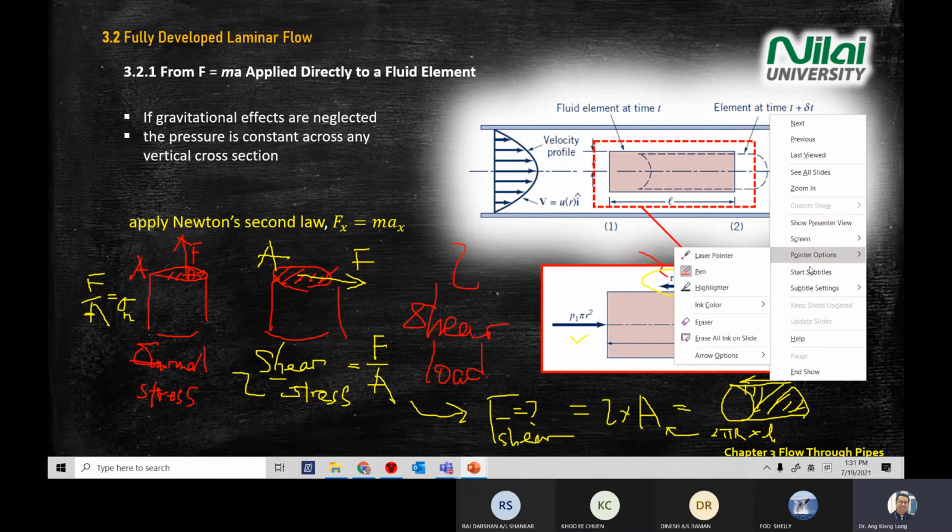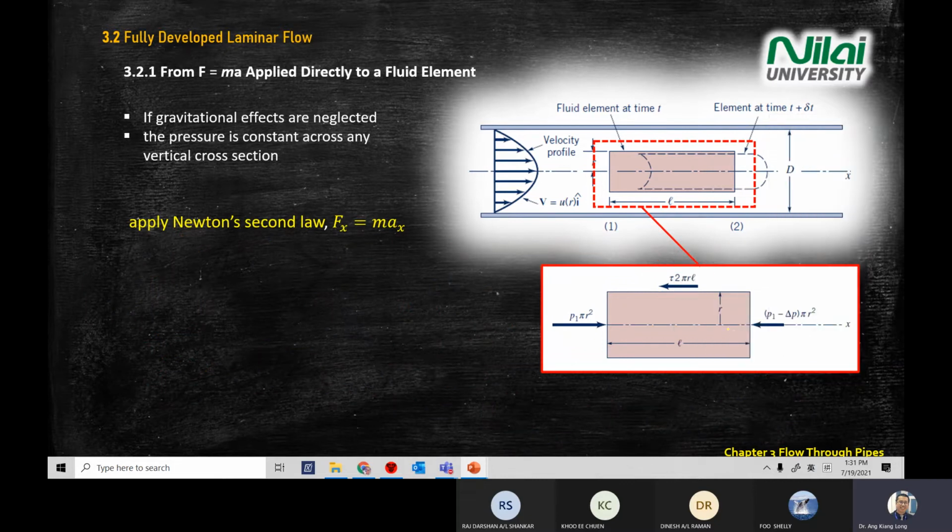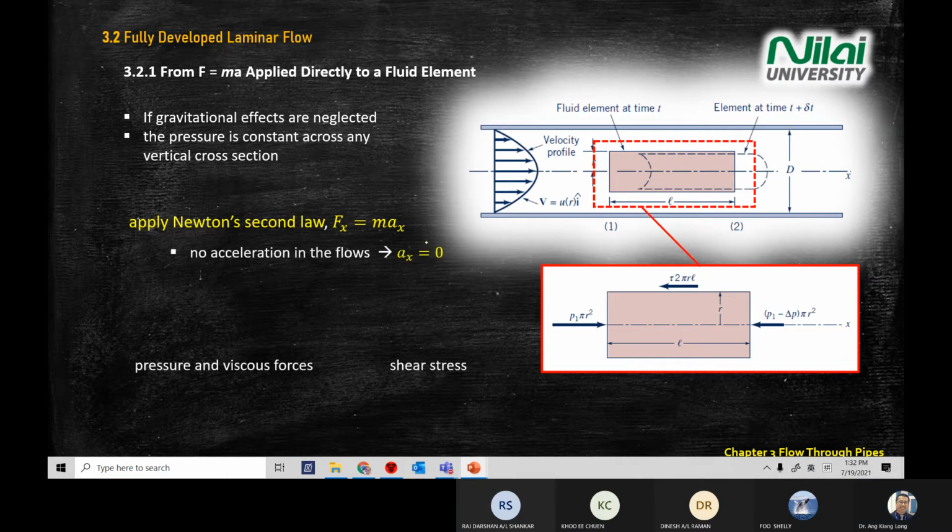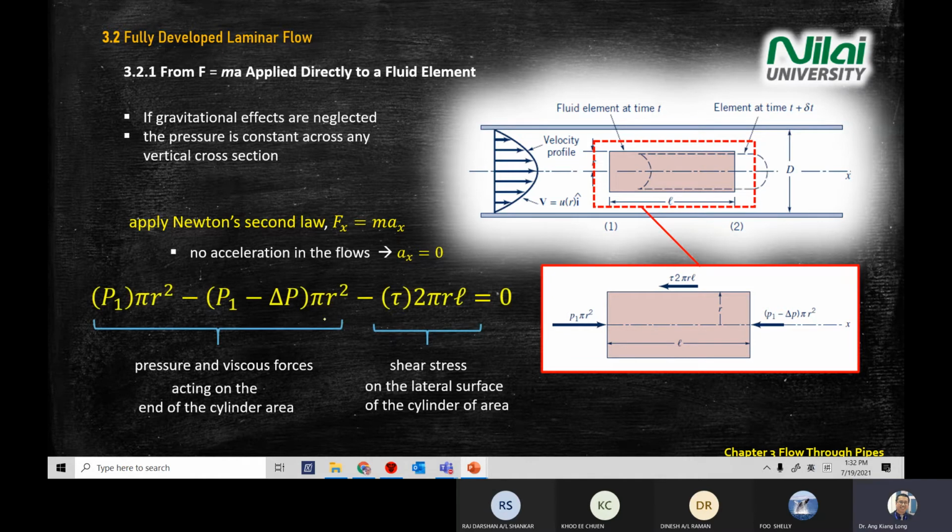Okay, so from the diagram, we are seeing three forces, and the x direction is positive to the right, and you are using all the force equal to 0. I'm going to give you the equation that you see on the screen. The first one is the pressure component acting on both sides of the control volume: P times A minus P2 times A. Why negative?